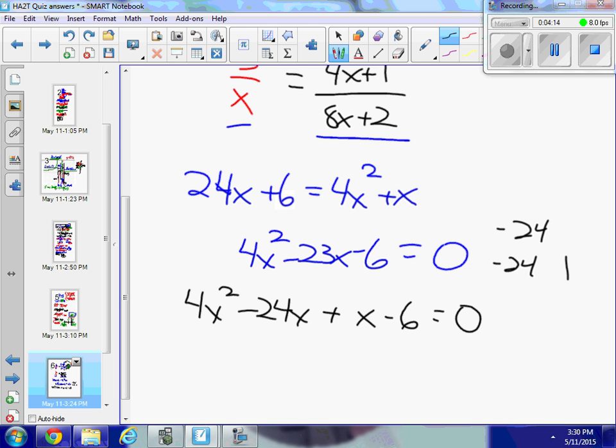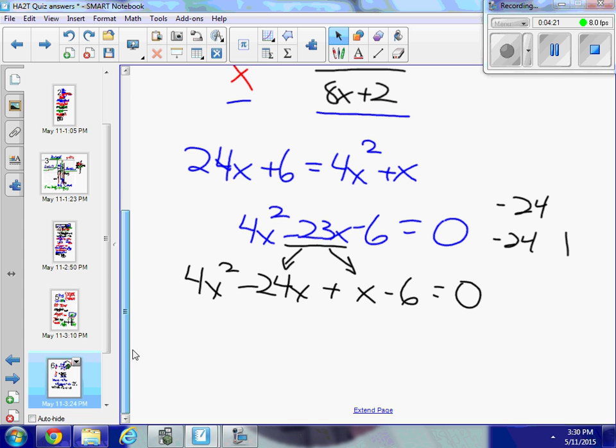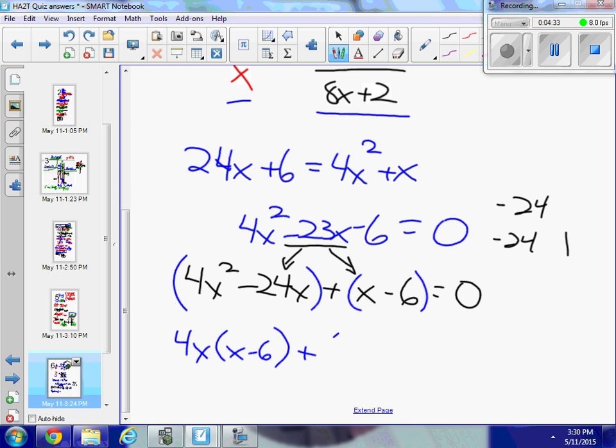All I did was change my negative 23x into negative 24x and 1x. I'm going to group them. I'm going to take out a 4x from this side, and I have x minus 6 plus x minus 6 equals 0.